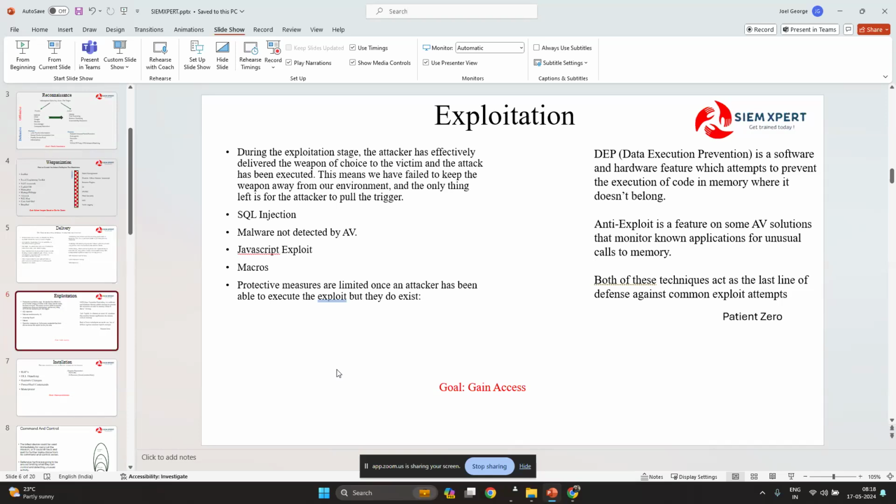Now, how would we try to defend in this stage? Things like limiting access, something called data execution prevention. So basically, it tries to prevent certain executions from certain directories, so that your important file directories, if you're talking about Windows, would be your C Windows directory.